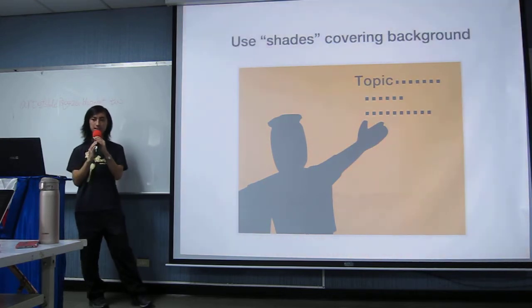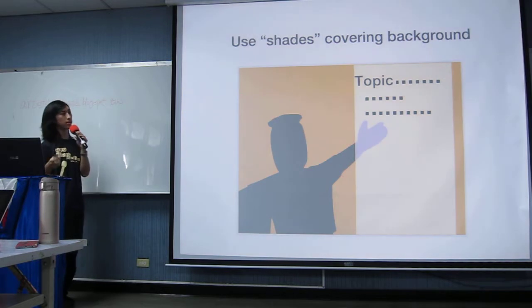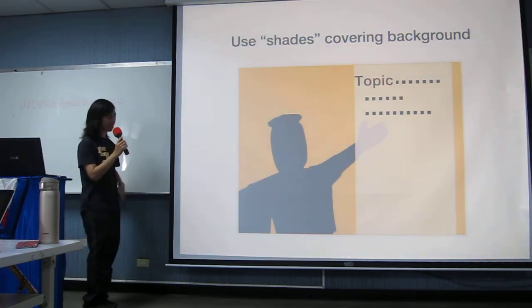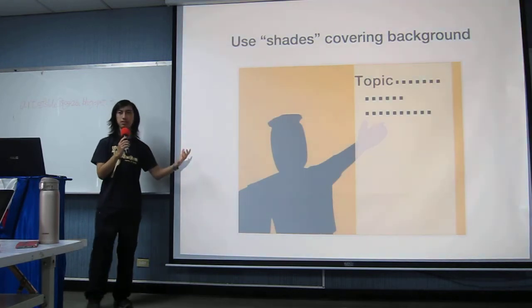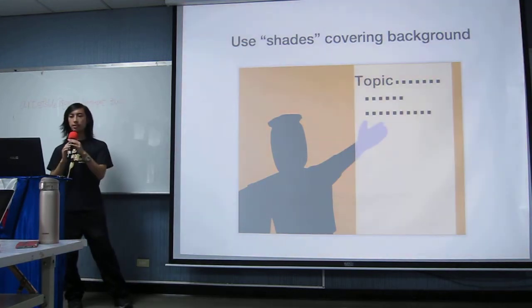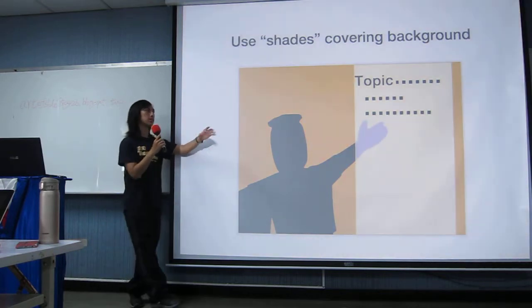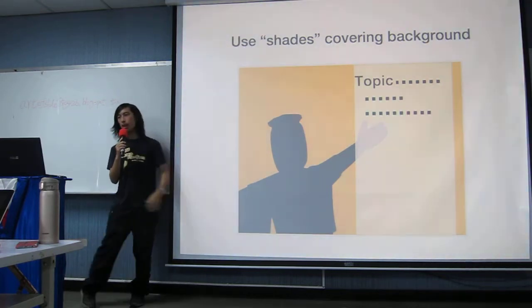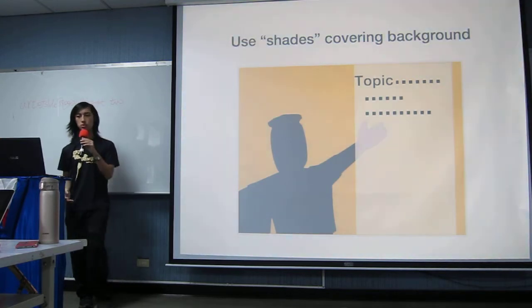And the last tip is to use shades to cover the colorful background. Shade in Chinese, I think it is something like 遮罩 or 面具 like that. Sometimes it's quite difficult for you to put words on the colorful backgrounds. And at this time, shades may help you.